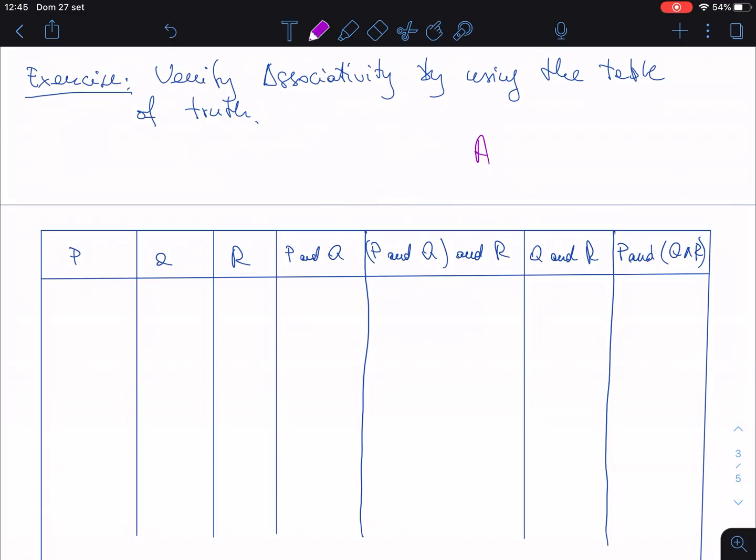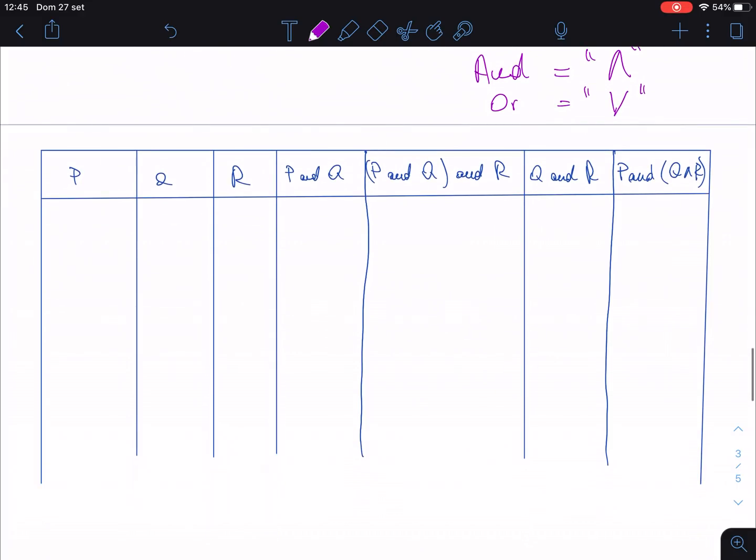So the logical connective AND is symbolized by this wedge, and OR is symbolized by this reversed wedge. So let us start this exercise.